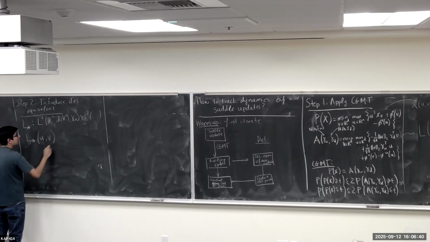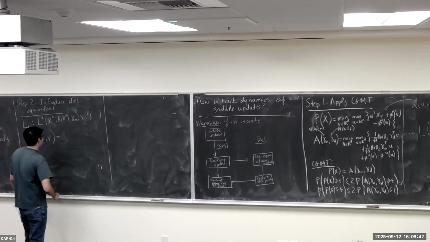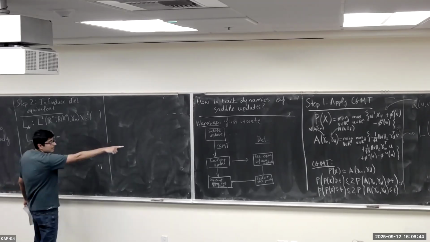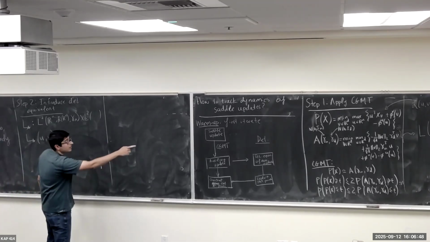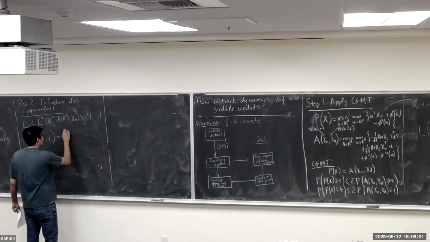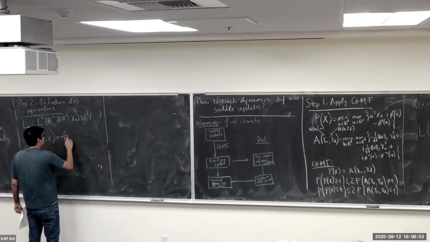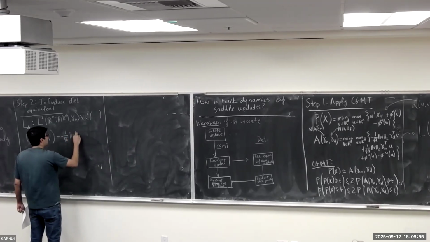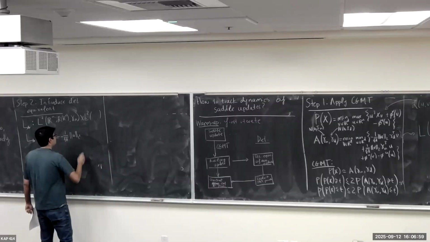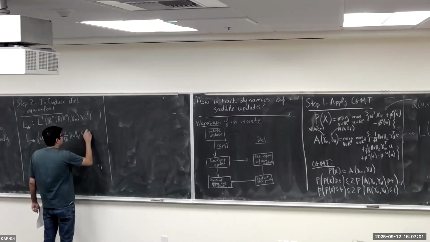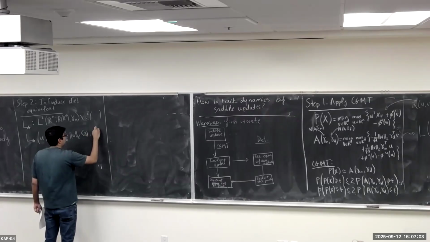So L star of UV is going to be exactly that, but now in Hilbert space. So I'm still going to have minus 1 over root d. That copies over. But now instead of the norm of U, I have the L2 norm of U. And now instead of the inner product of gamma d and the other vector, I have the L2 inner product.